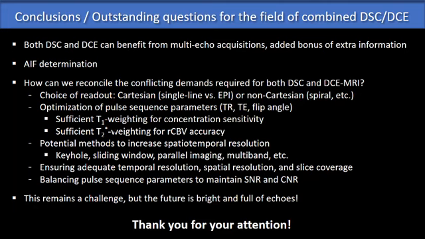DSC is pretty strict that you need under 1.5 seconds. Spatial resolution and slice coverage, you want to make sure you can see your tumor and you have enough resolution to do that. And then I didn't talk a lot about how to balance those to maintain SNR and CNR, but that's of course an important step to making sure that we have enough signal and contrast to get good parameters from our DSC and DCE.